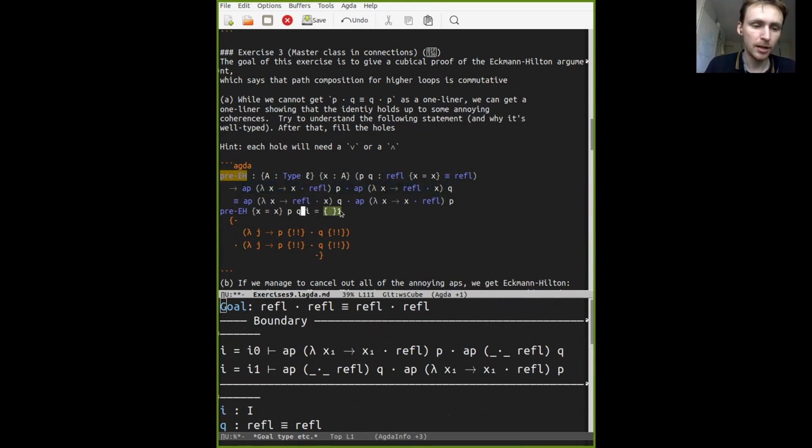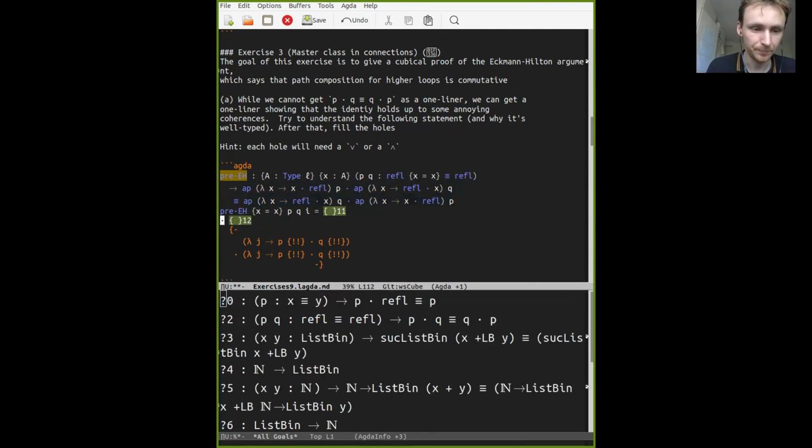I've introduced my P and Q here, and I've introduced an interval variable i here. And I want to produce a term that reduces to this when i is 0 and to this when i is 1. Well, both of these have this thing in common, that they have a composition in the middle. So I can put that in.